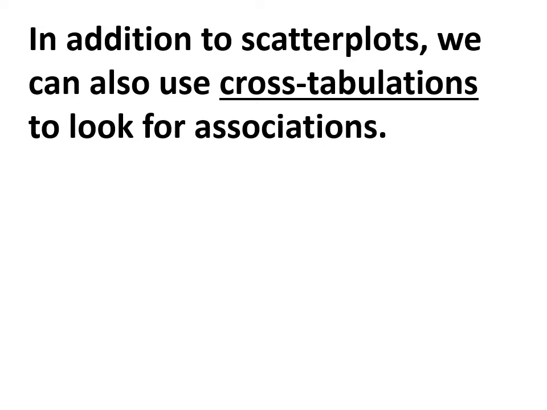So the point here is that in addition to scatter plots, which require interval or ratio level data, we can also use cross tabulations, which usually focus on nominal or ordinal level data, at least for one of the two variables. Actually, you can have crazy cross tabulations with more than two variables, but we're not going to touch that for this course.